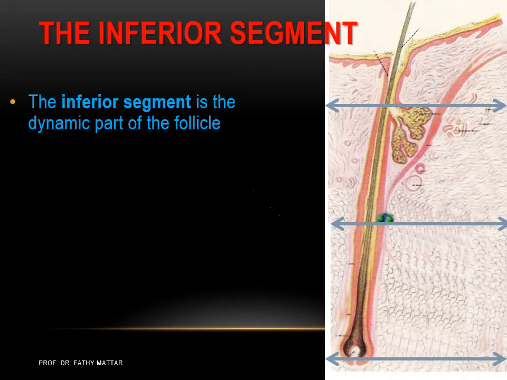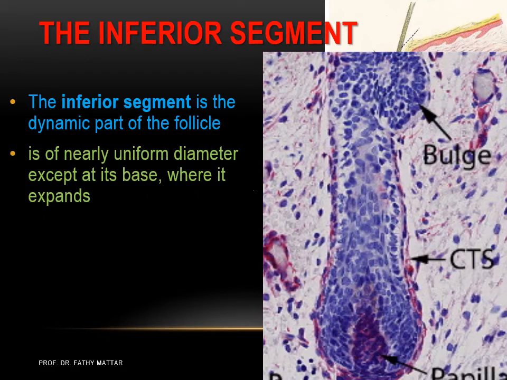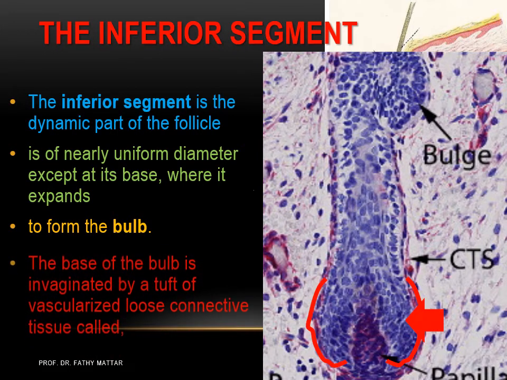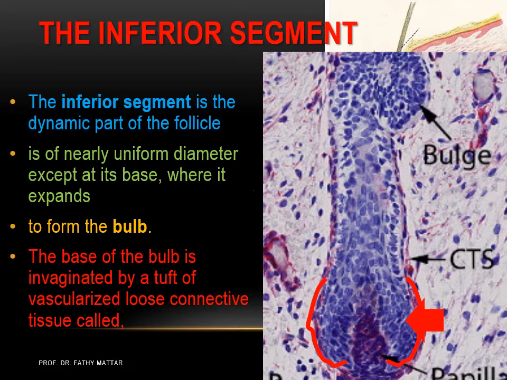It is of nearly uniform diameter except at its base, where it expands to form the bulb. The base of the bulb is invaginated by a tuft of vascularized loose connective tissue called the dermal papillae. The connective tissue there is very important for triggering the reformation of the lost part of the hair.